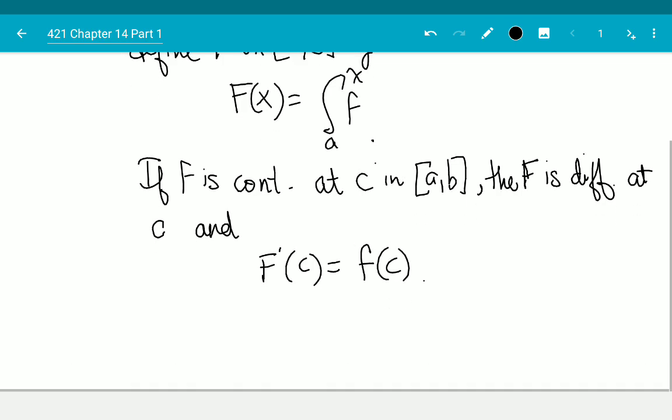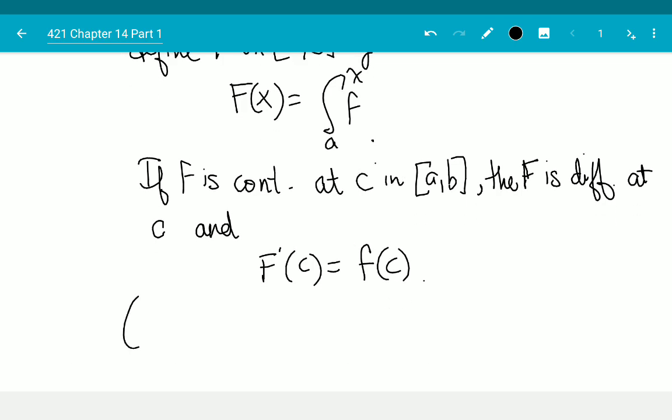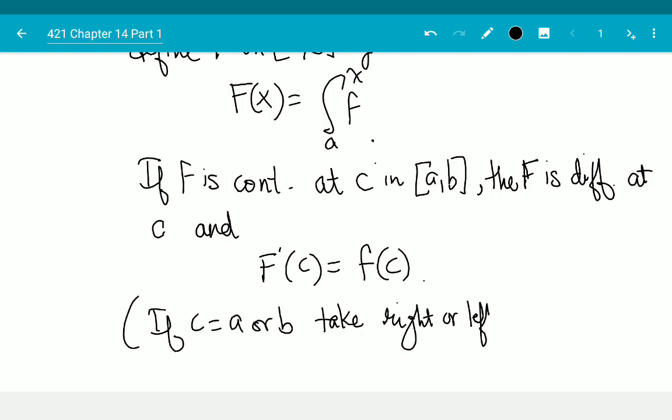Okay, with a small note that if c is equal to a or b, it would be a right or left hand derivative.